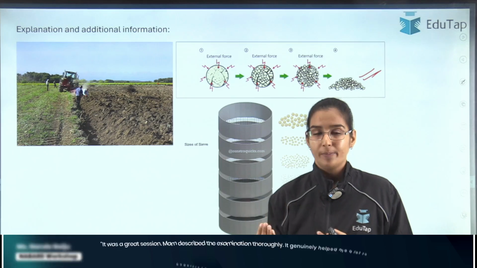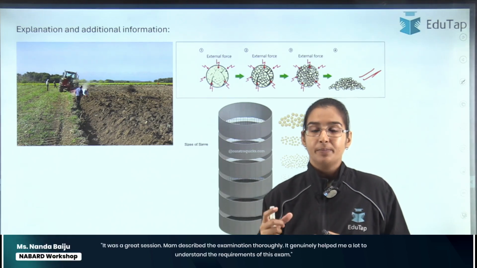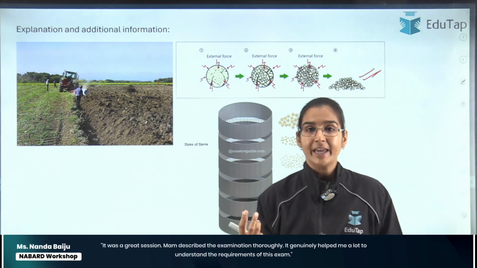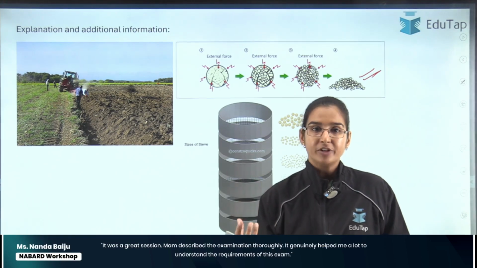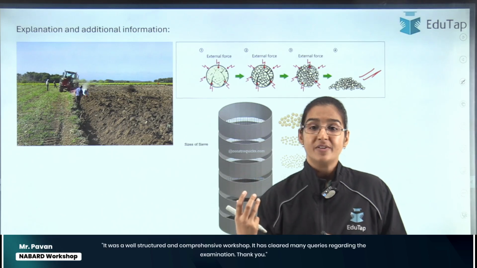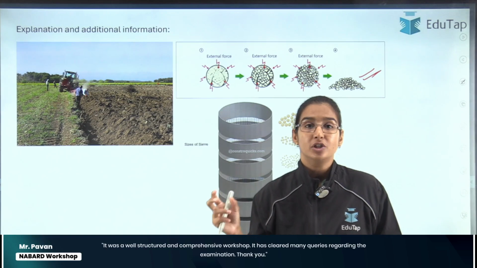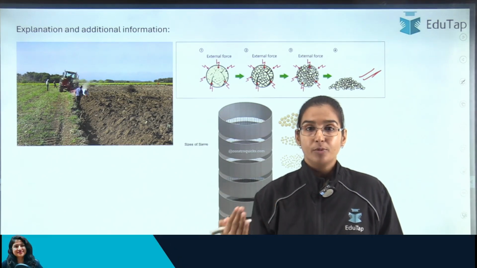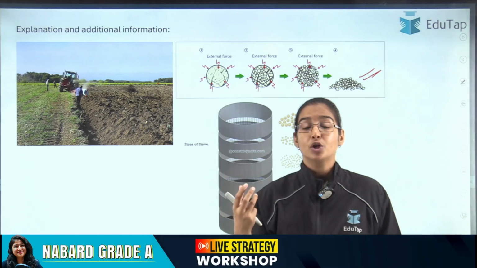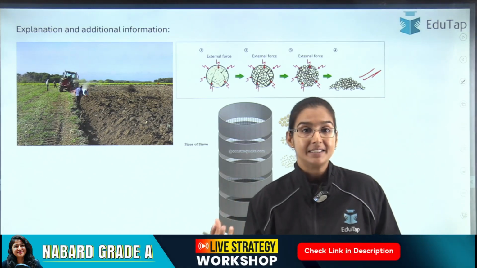Now, what is soil pulverization? Soil pulverization basically means that here we check the quality of the work which is done by a plow, or you can say by a machine, in terms of particle size distribution, right? What is the distribution of the particles in terms of their size?